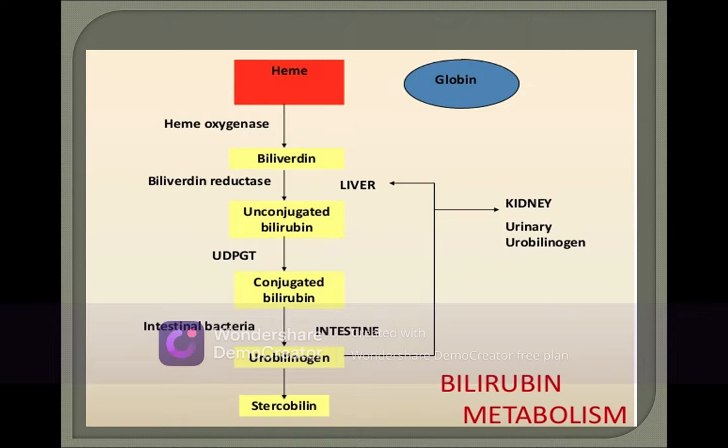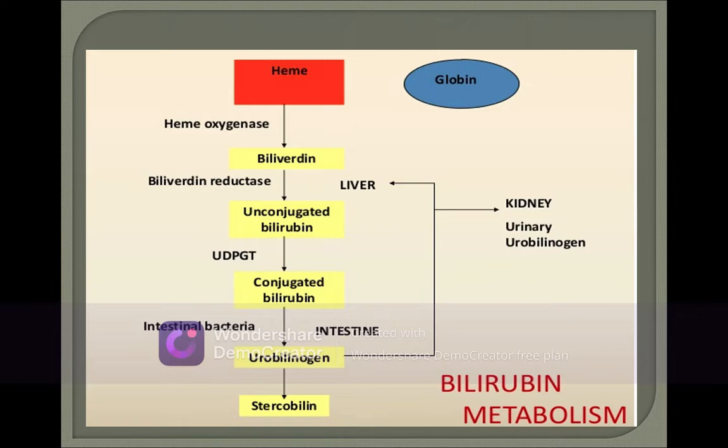The biliverdin associates with a carrier protein and comes into the liver, where biliverdin reductase converts it into unconjugated bilirubin inside the cell. That is the part played by the reductase.